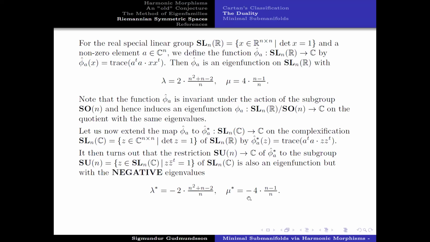This applies to all the Riemannian symmetric spaces. For example, if you take the sphere and the hyperbolic space, they are sort of dual friends. You always get this negative here.